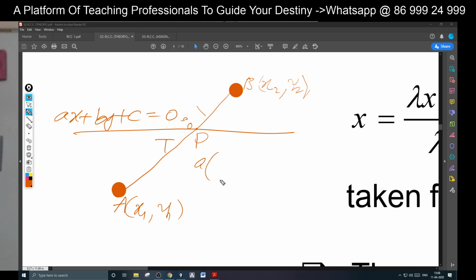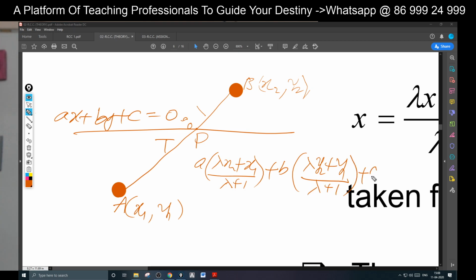A into (lambda x2 plus x1) divided by (lambda plus 1) plus B into (lambda y2 plus y1) divided by (lambda plus 1) plus C equal to 0.